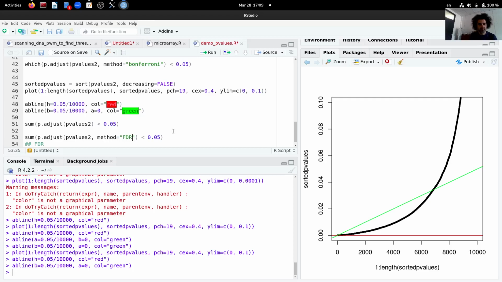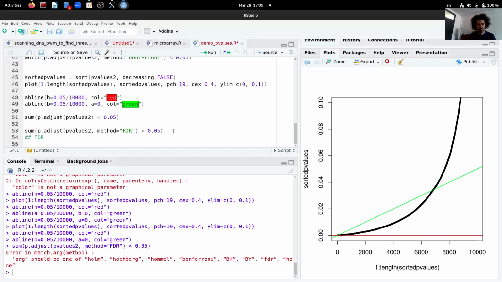It will be the same in R. So using FDR, we correct the p-values, and let's see how many of them are smaller than 0.05 when we do the correction. Oh, FDR with small letters, sorry.